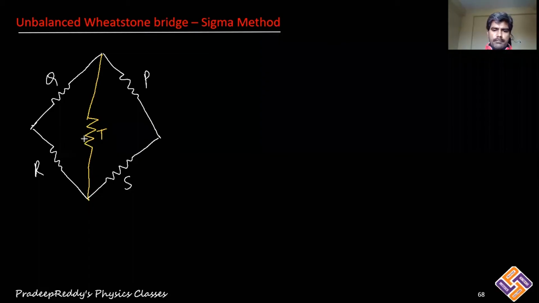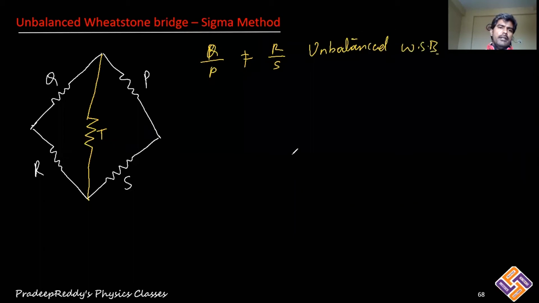Very simple. So this is an unbalanced Wheatstone bridge, where Q by P is not equal to R by S. In this unbalanced Wheatstone bridge, in order to solve this problem, what I'll do is write this in the form of sigma.